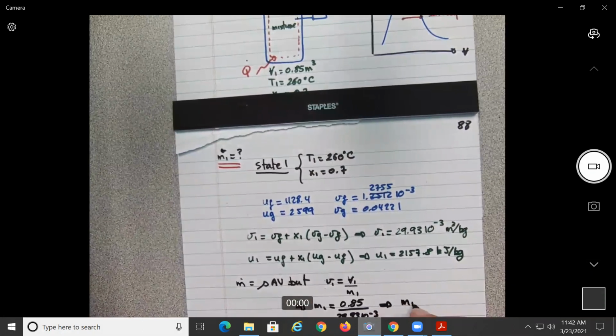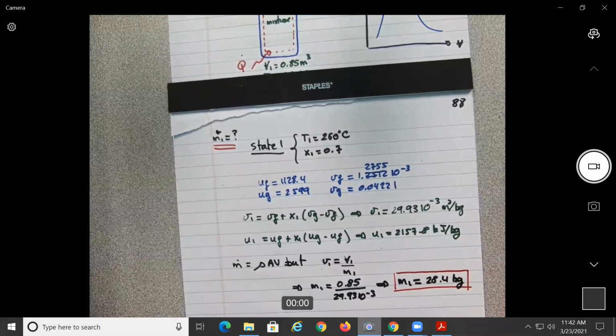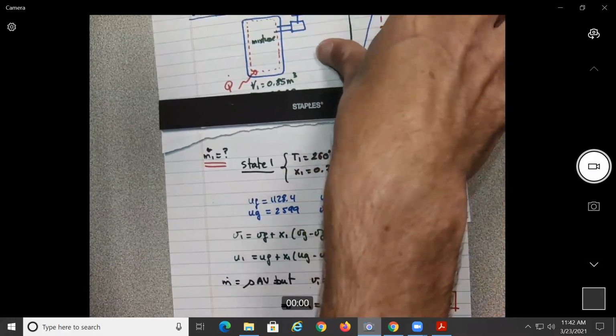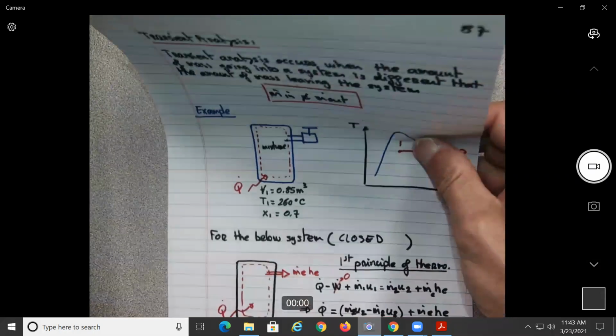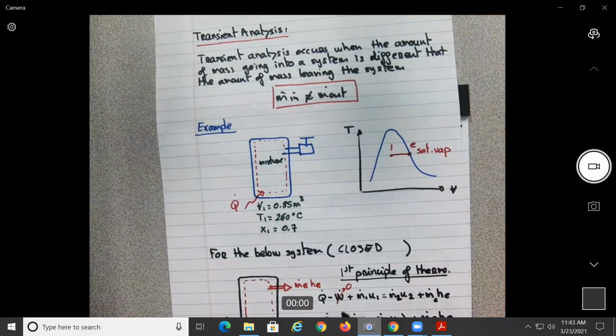So this should give you a value for M1 equal to 28.4 kilograms. And the same thing, now we have U1 that will be used in this equation. We have M1, U1 here.